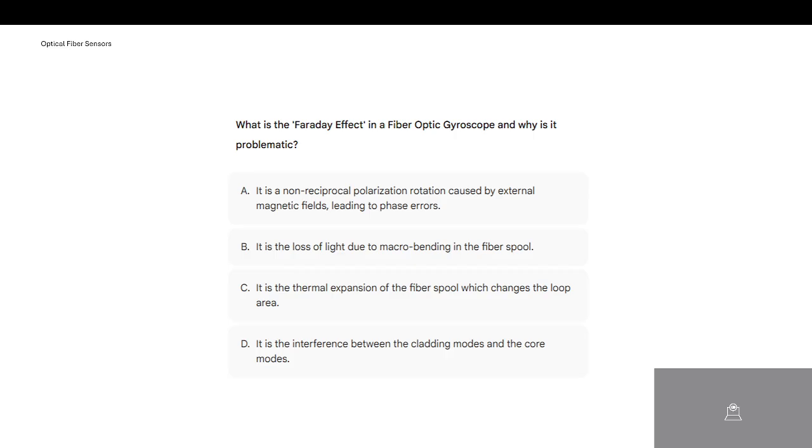Moving towards the next question: what is the Faraday effect in a fiber optic gyroscope and why is it problematic? A, it is a non-reciprocal polarization rotation caused by external magnetic fields leading to phase errors.